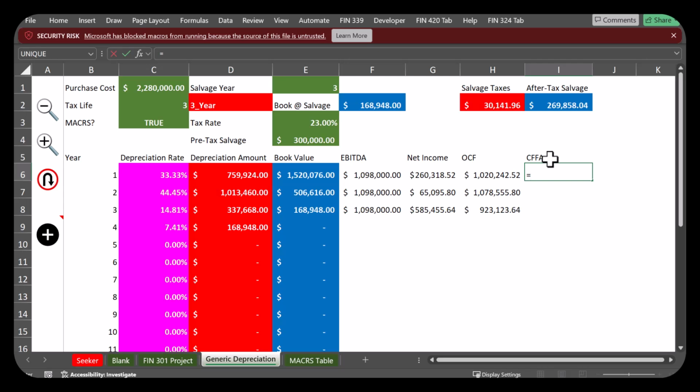CFFA. In years 1 and 2, there is no change in net working capital, and there is no capital spending in addition to what we already spent in year 0. So it's just OCF.